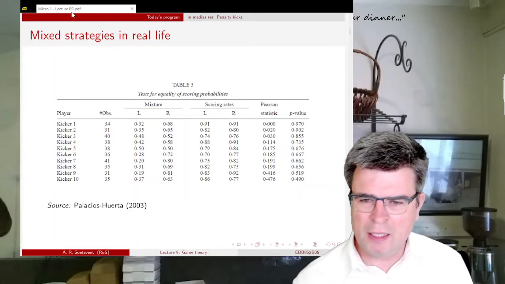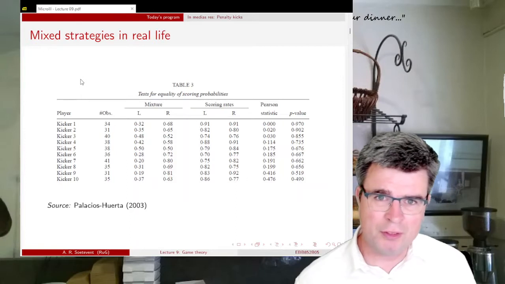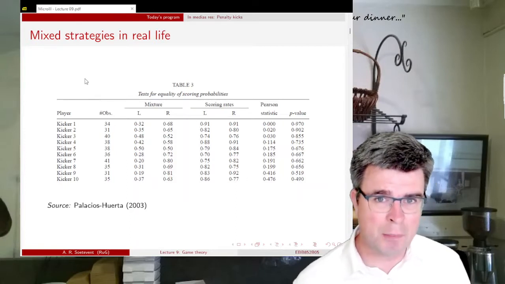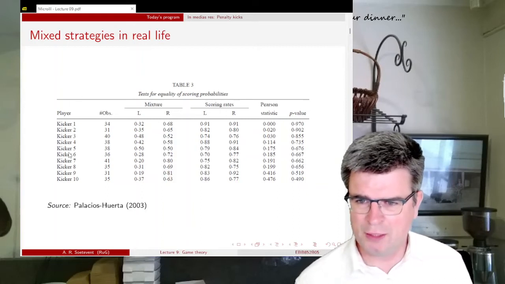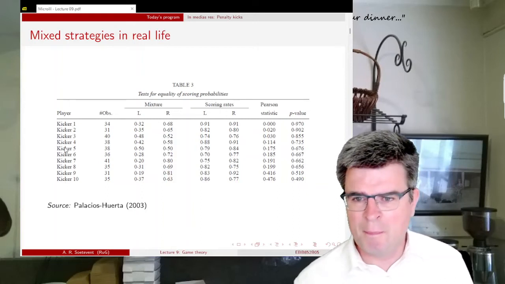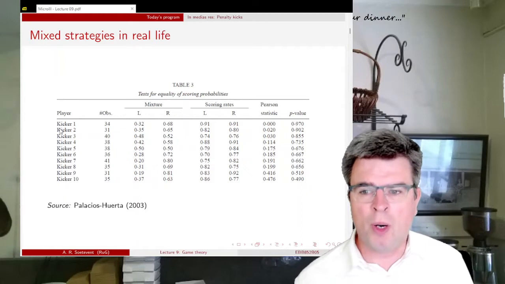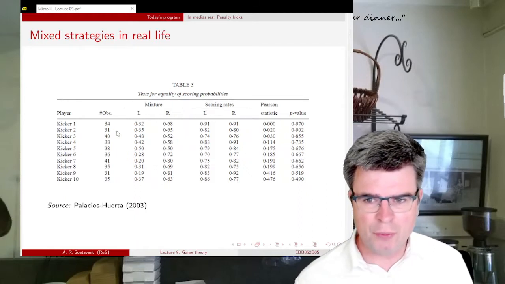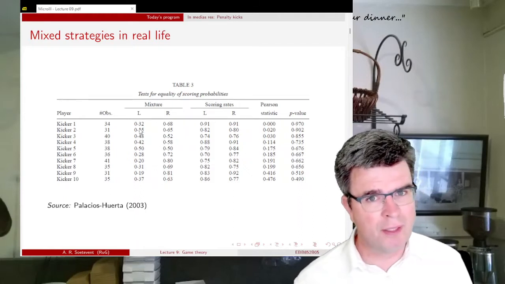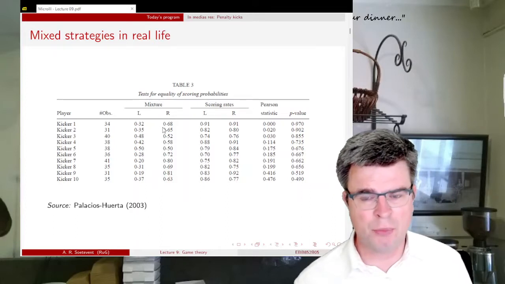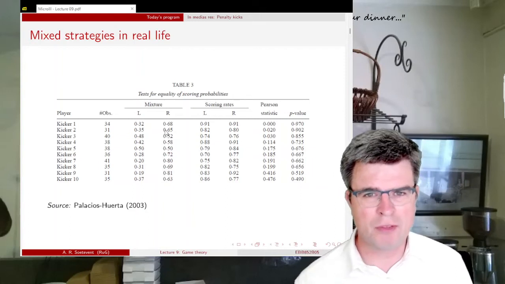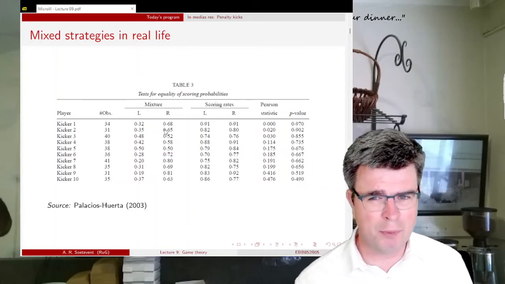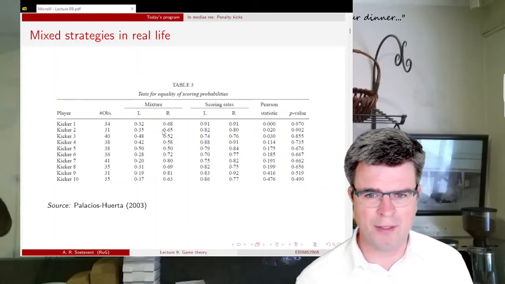Of these 1,417 penalty kicks, he selected the players that kicked at least 30 penalties. And here you see a number of them listed. Kicker 1 is found to aim left in 32% of the cases and to aim right in 68% of the cases. So he might have a preference for kicking right, but he does not exclusively kick right.